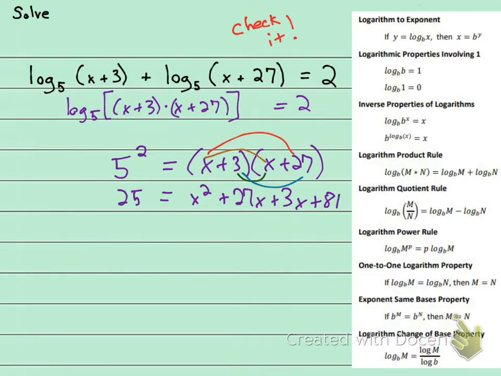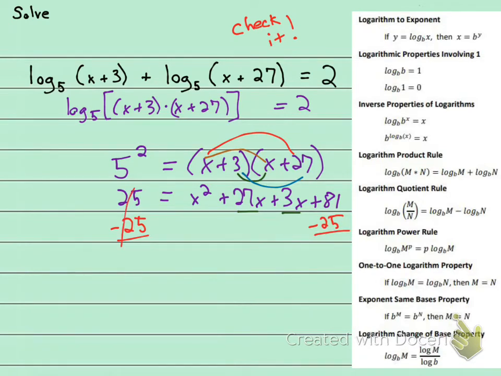All right. So my middle two terms will go together, the 27x and the 3x. That's going to be 30x. And then I'm going to need to get rid of the 25, so I will subtract 25 from both sides of the equal sign.